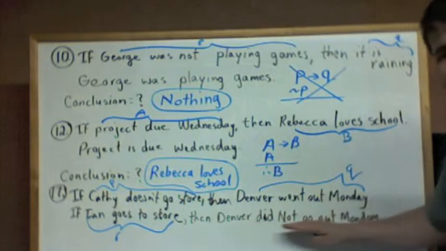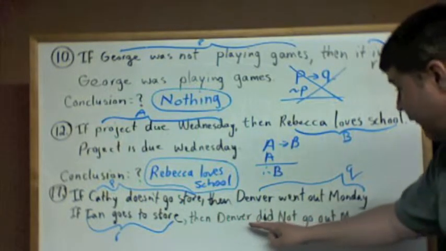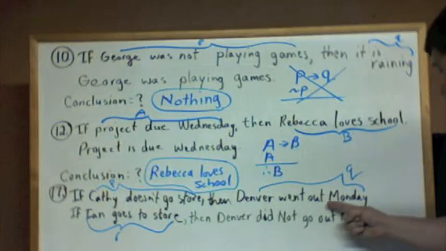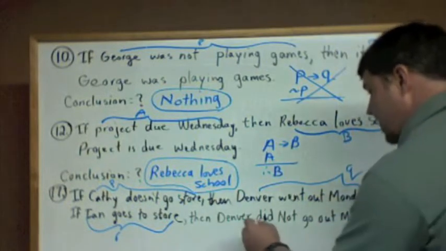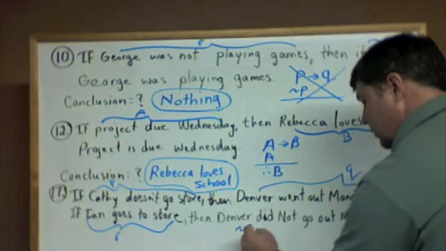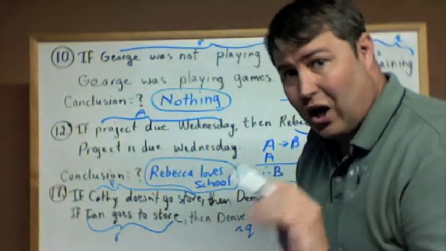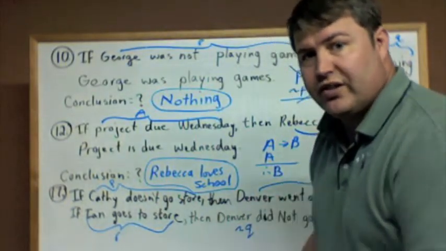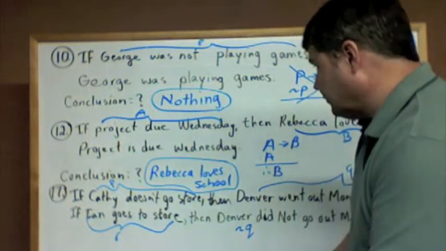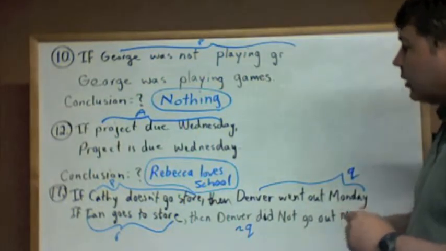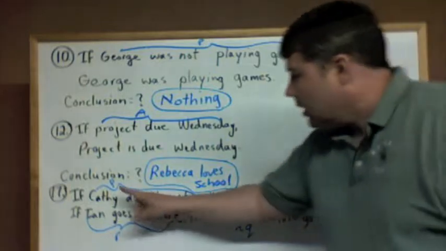Well, what exactly is that? We already have one that said he did go out Monday night. That was Q. This must be not Q. All right, so now let's translate this argument into symbolic notation. Okay, the symbolic notation is this.